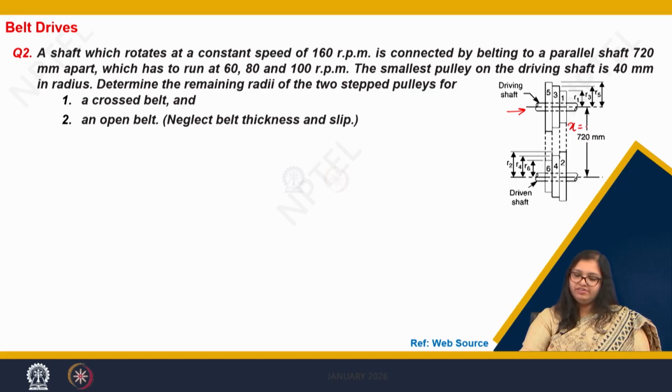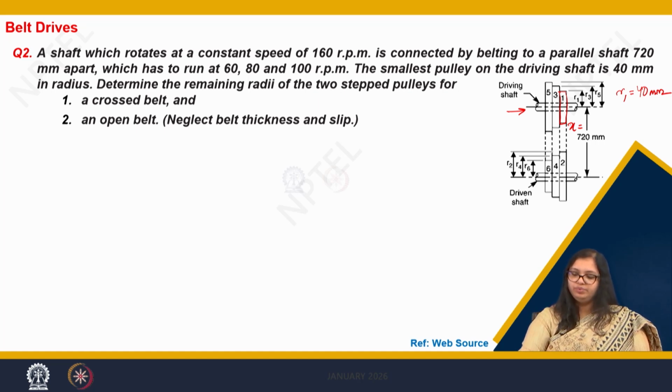Now the smallest pulley on the driving shaft is 40 mm. So on the driving shaft I have a smallest pulley which is R1. My R1 is 40 mm radius, and what we have to do, we have to determine the remaining radii of the 2 stepped pulleys for a cross belt and an open belt.